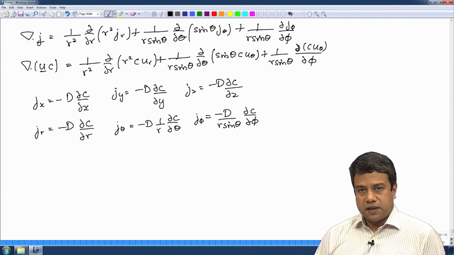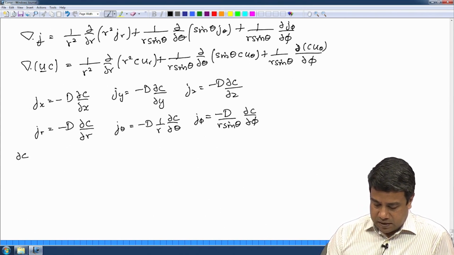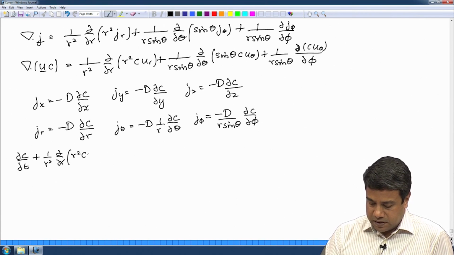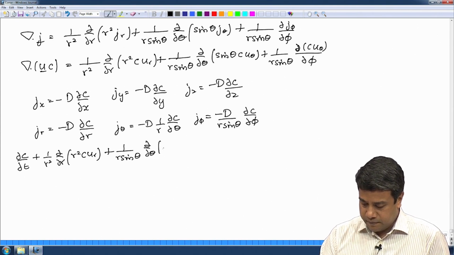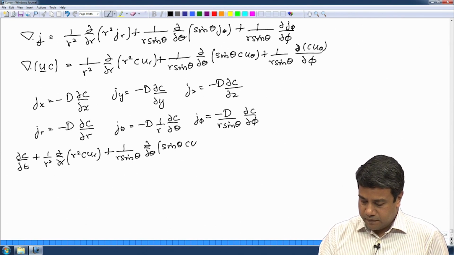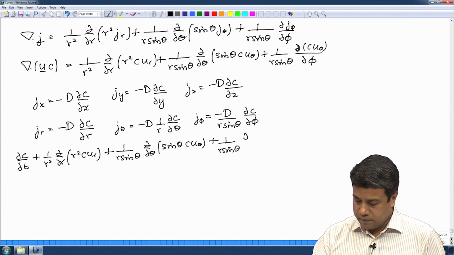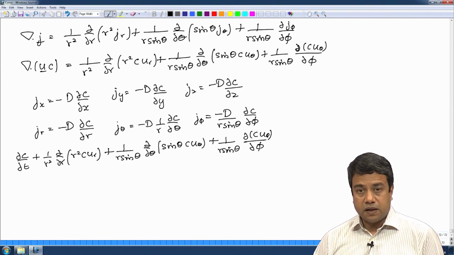And these expressions I can insert into the differential equation on the right side. On the left side I had partial c by partial t plus 1 by r square d by dr of r square c u r, and so on, which is del dot cu.